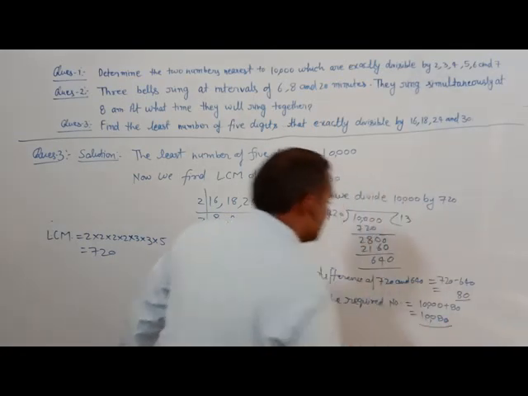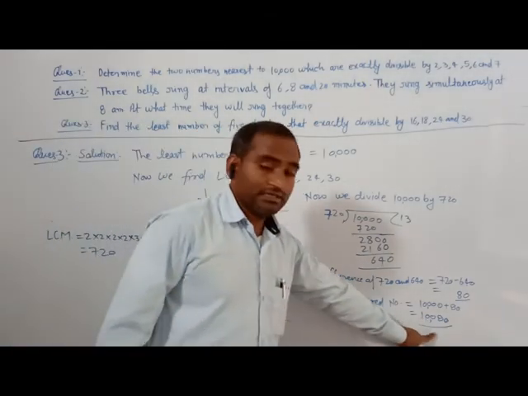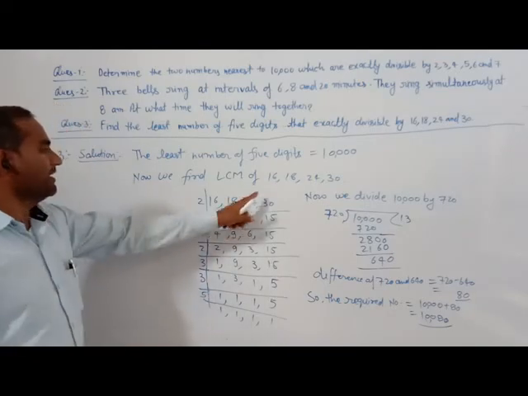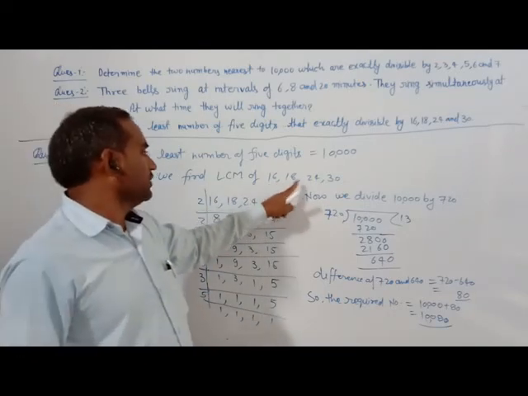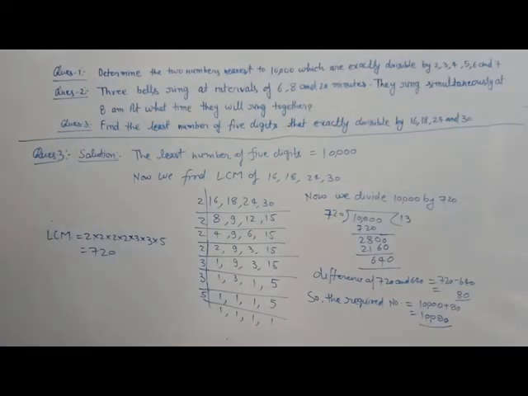This is the least 5-digit number. 10,080 is the least 5-digit number which is divisible by 16, 18, 24 and 30. No number less than 10,080 is divisible by 16, 18, 24 and 30.